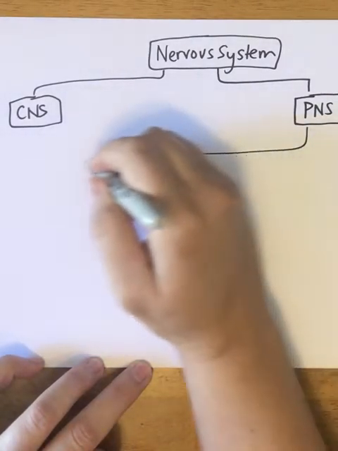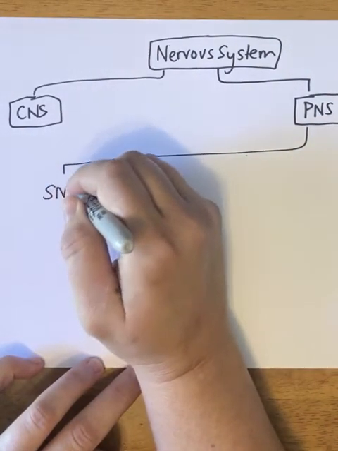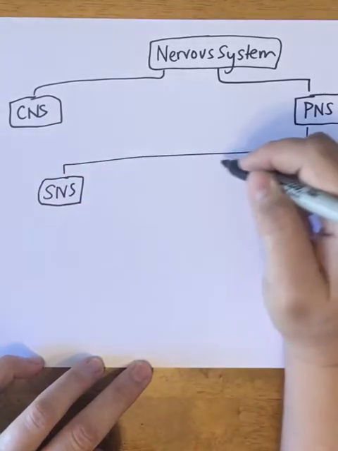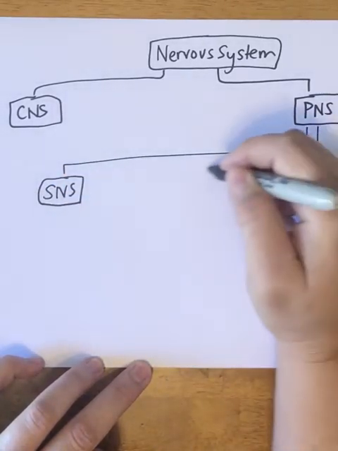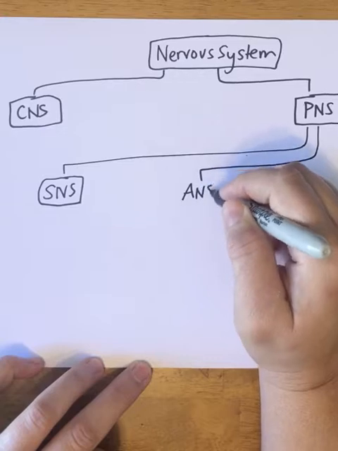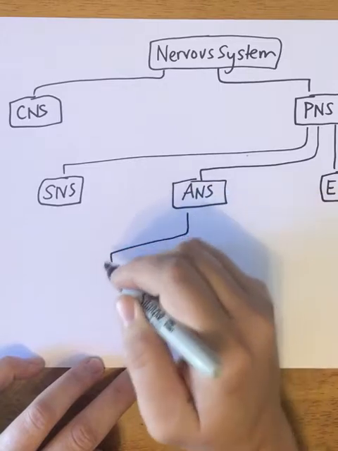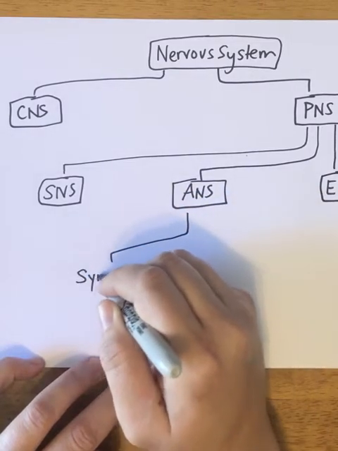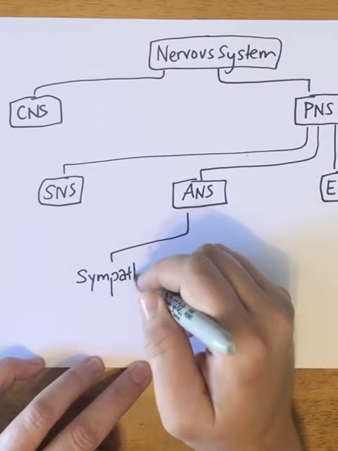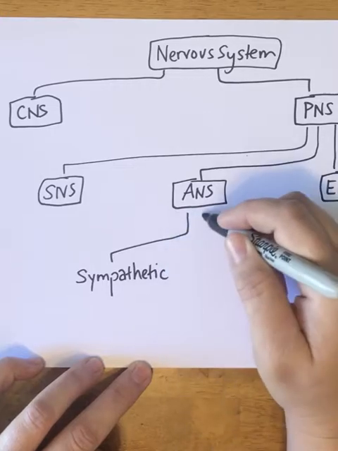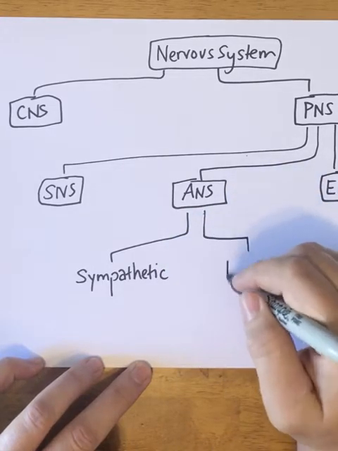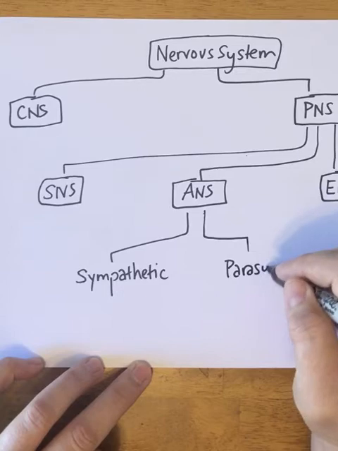But your peripheral nervous system was broken into the somatic nervous system, which you still need to know. It is also broken down into the autonomic nervous system, which is chapter 14, and the enteric nervous system, which is going to include the gut. Now, the ANS is subdivided into the sympathetic nervous system and the parasympathetic nervous system.